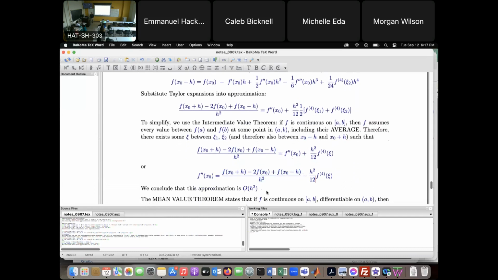That's the rate at which the approximation converges to the exact value. If I reduce h by a factor of 10, the error in my approximation would reduce by a factor of 100. And certainly, higher order expressions like these are preferable to lower order ones.